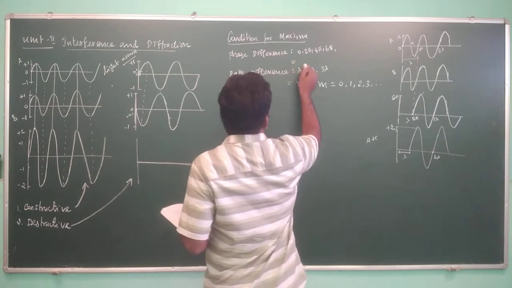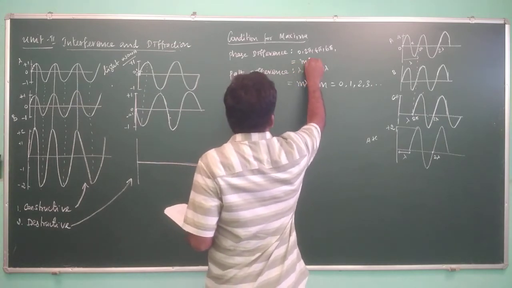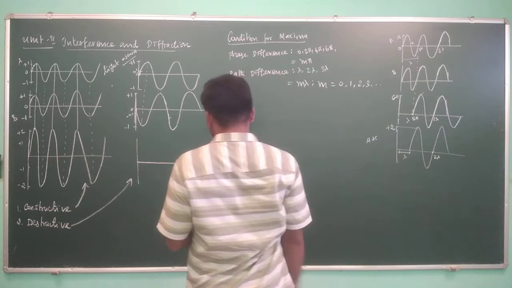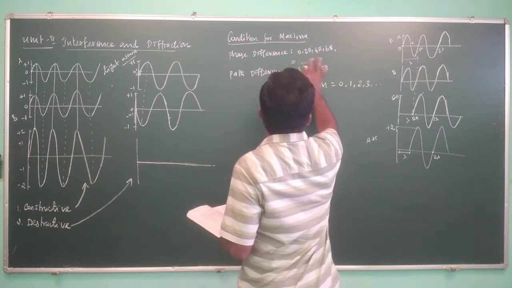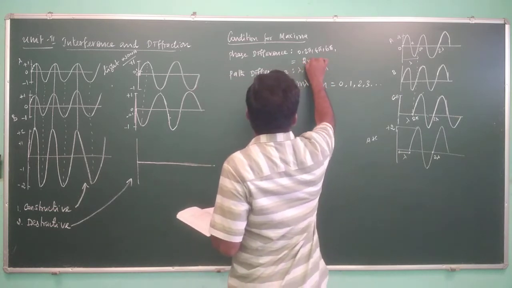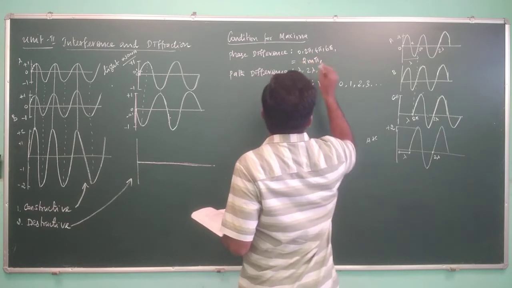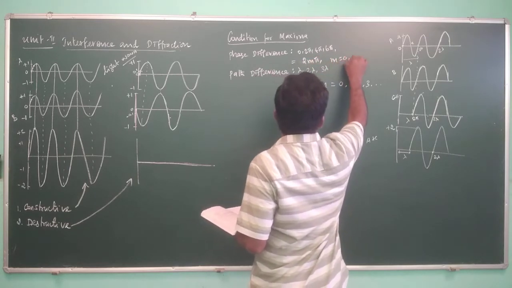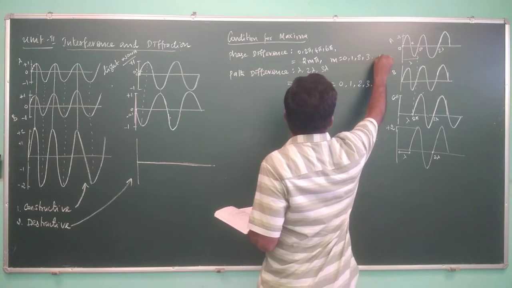Or you can generalize: when there is m pi, not m pi, you can write 2m pi, where m is equal to 0, 1, 2, 3 and so on.